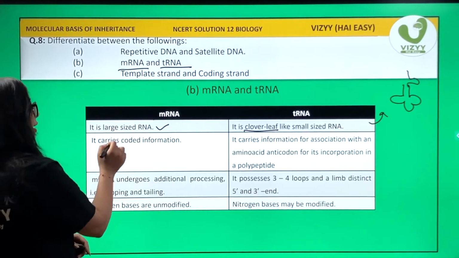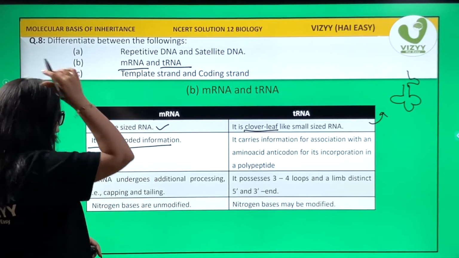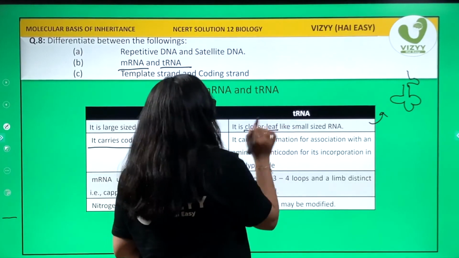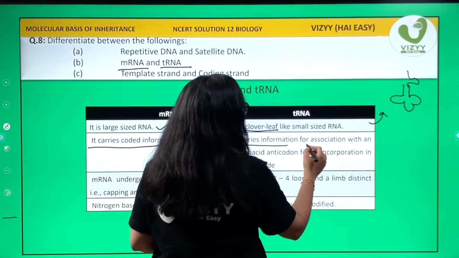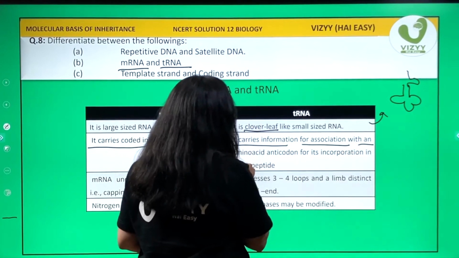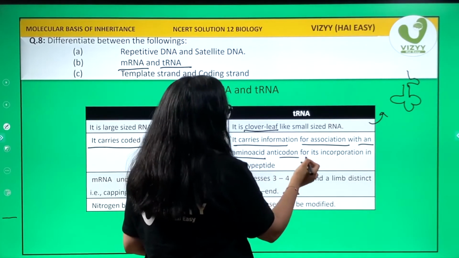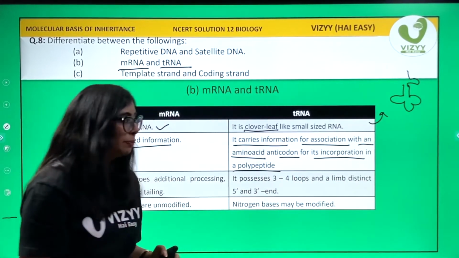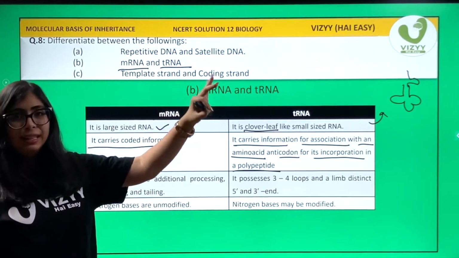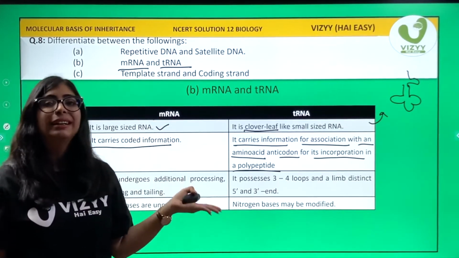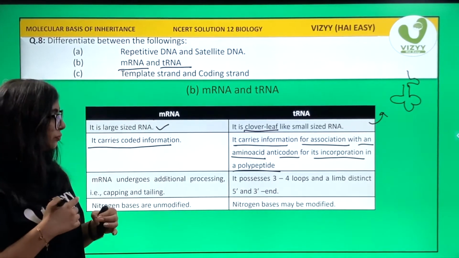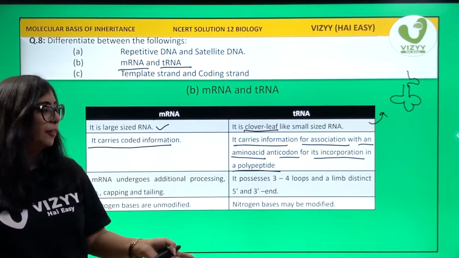Now mRNA carries coded information, whereas tRNA carries information for association with an amino acid, an anticodon, for its incorporation in a polypeptide. Now tRNA will carry an anticodon so that it can transfer information.